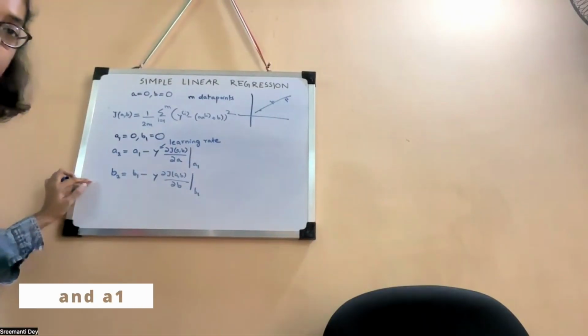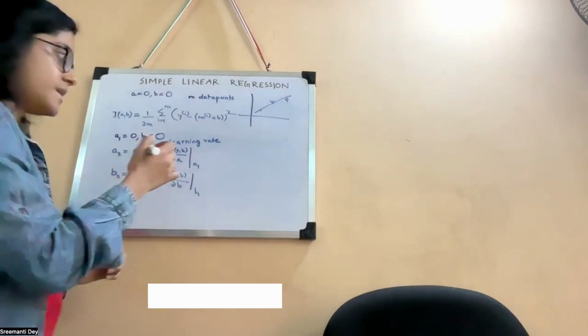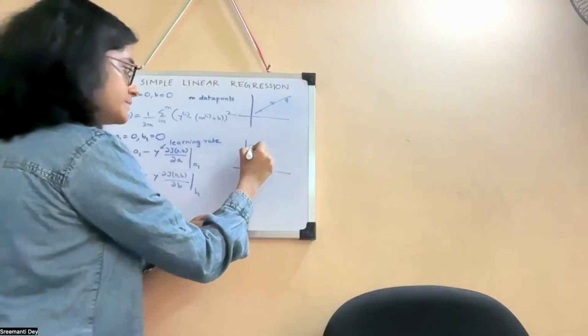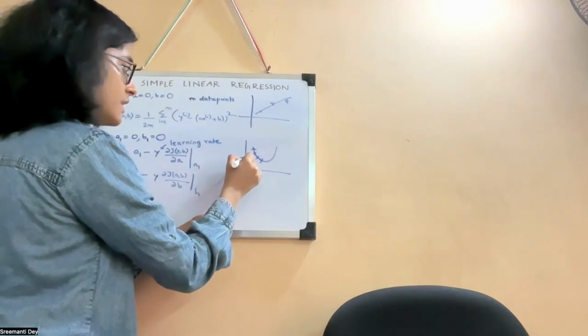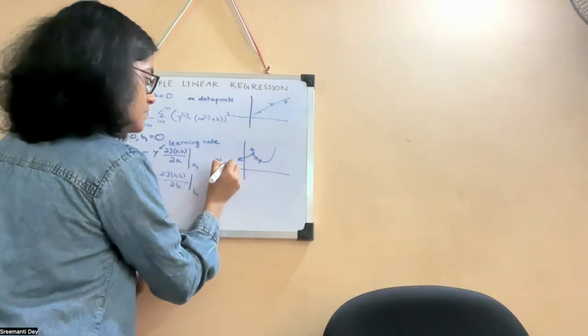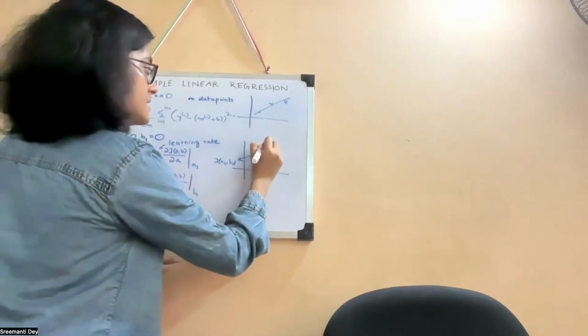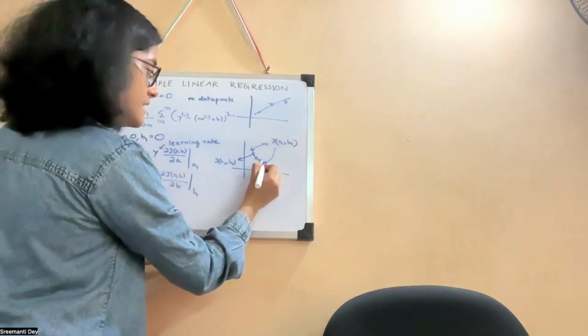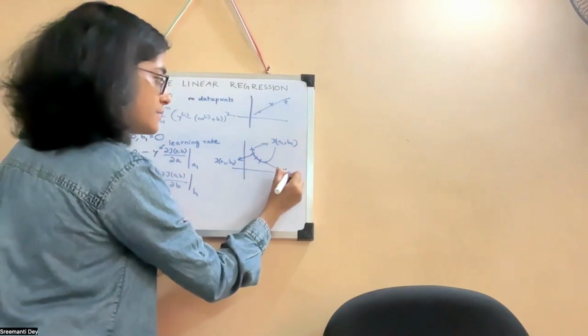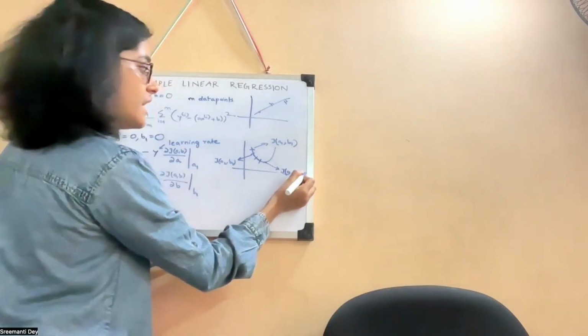So this is what we'll do slowly, step by step, as I showed there. Here we are, slowly, step by step. So this one would be J(A2, B2). This is J(A1, B1). And whenever we get near this, it would be J(A final, B final).